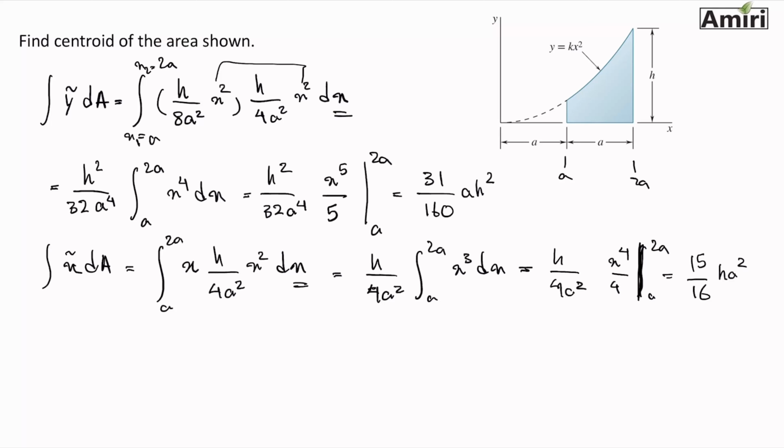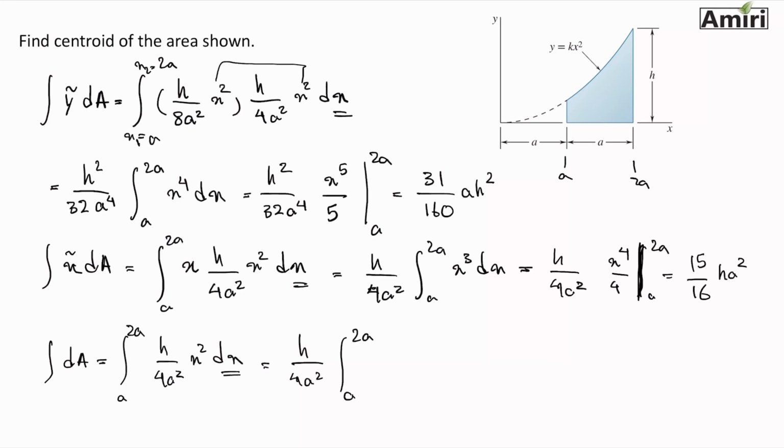And lastly, what I need to do is the integral of dA, which is going to be h over 4a squared x squared dx. Again, when I have dx, bounds of the integral are from x, which is a to 2a in this case. h over 4a squared, let's bring it out of the integral, a to 2a x squared dx.